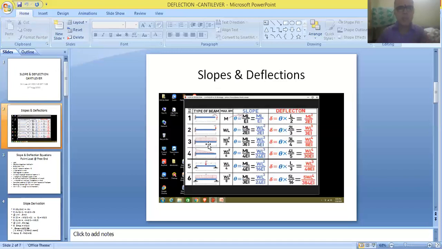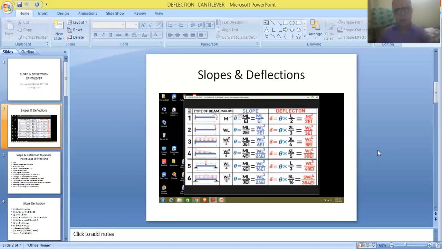And if a UDL is acting, we have to use these two formulas. So friends, these formulas will be different for different beams.